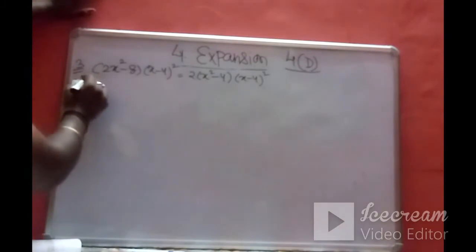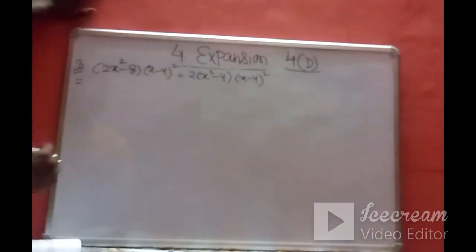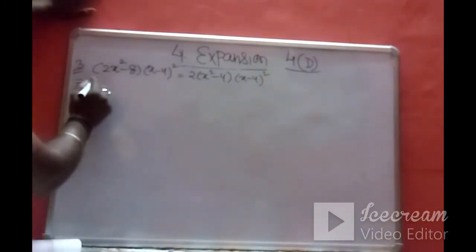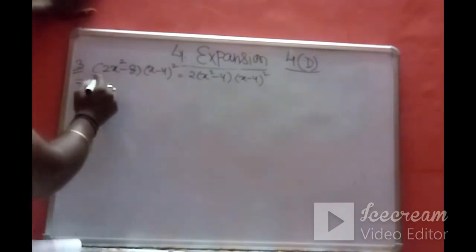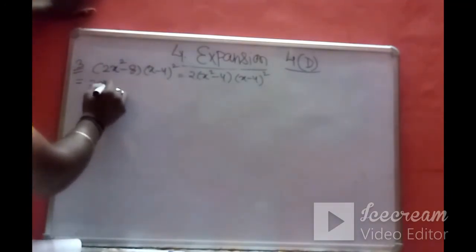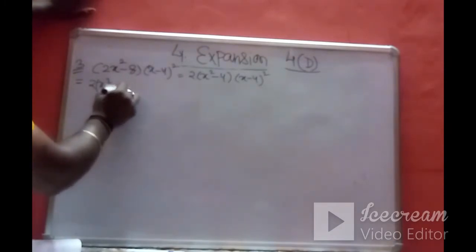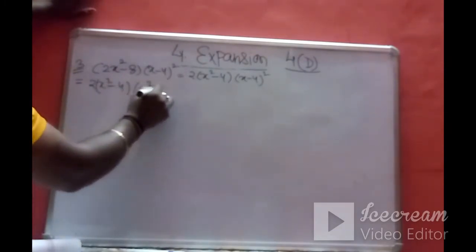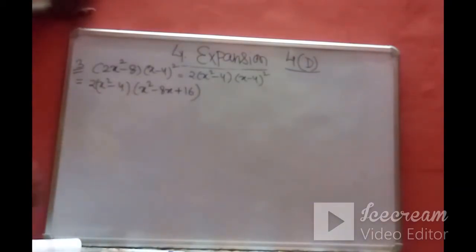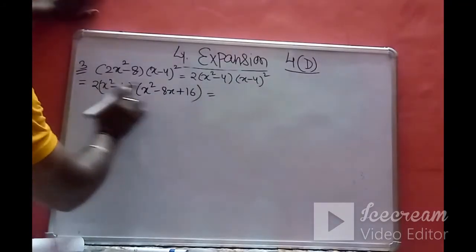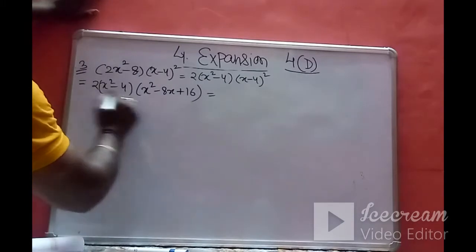Then we will open it: 2 into (x square minus 4) into (x square minus 8x plus 16). Okay, so when we multiply this whole term inside the bracket, see what we will get.